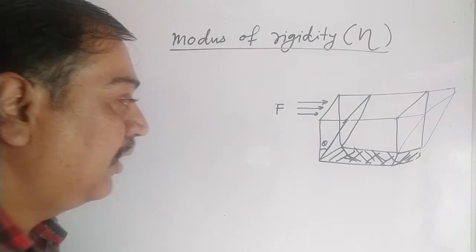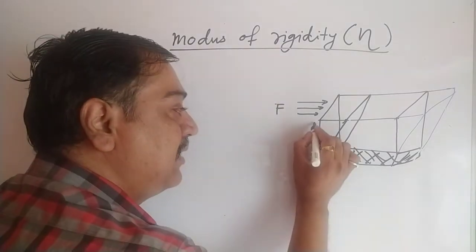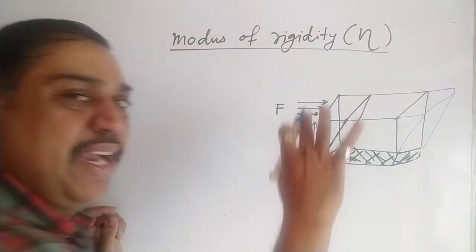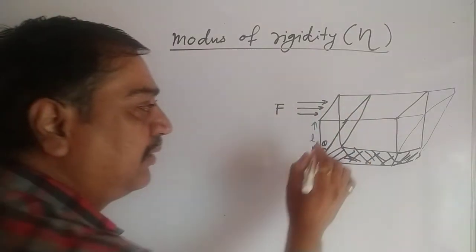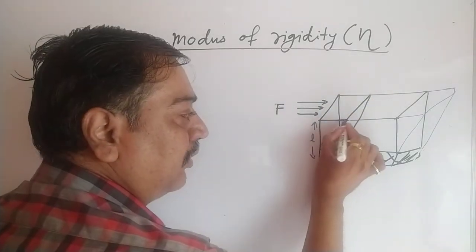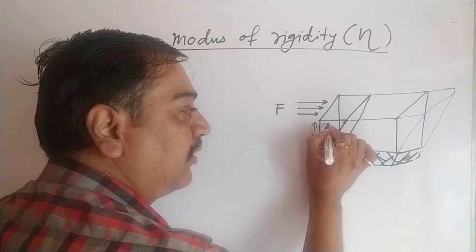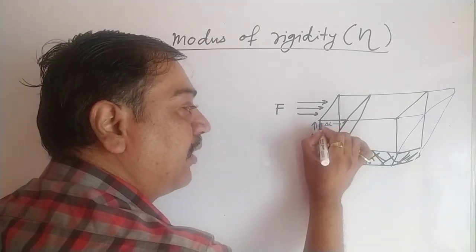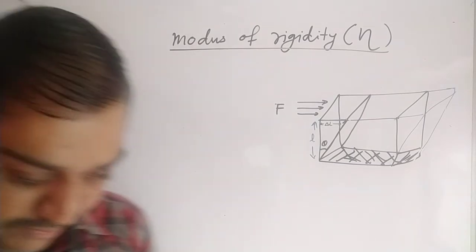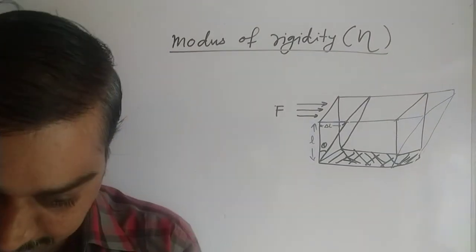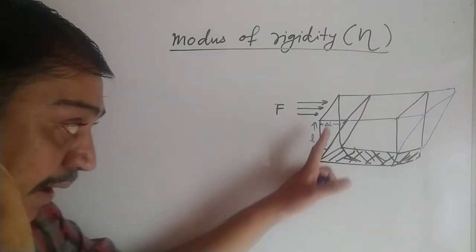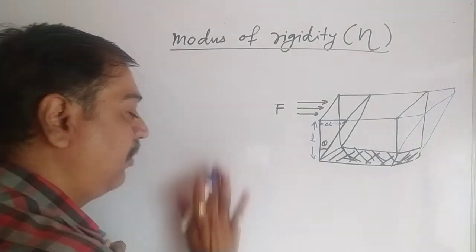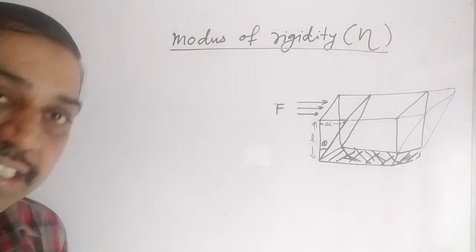If we consider this as theta, and this is the length, or we can say the height of the whole cube, L, and this much is the change in length, delta L. Then we can find out longitudinal stress and longitudinal strain by this method.